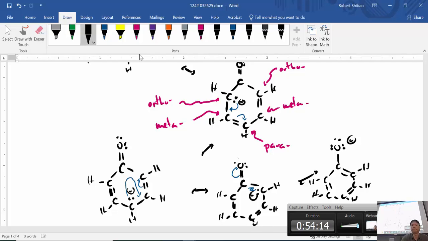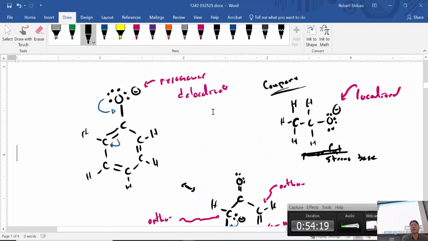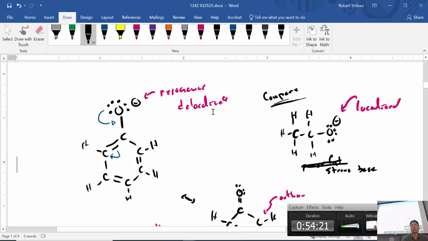Okay. So what that does is it helps stabilize the negative charge. It makes it less red.